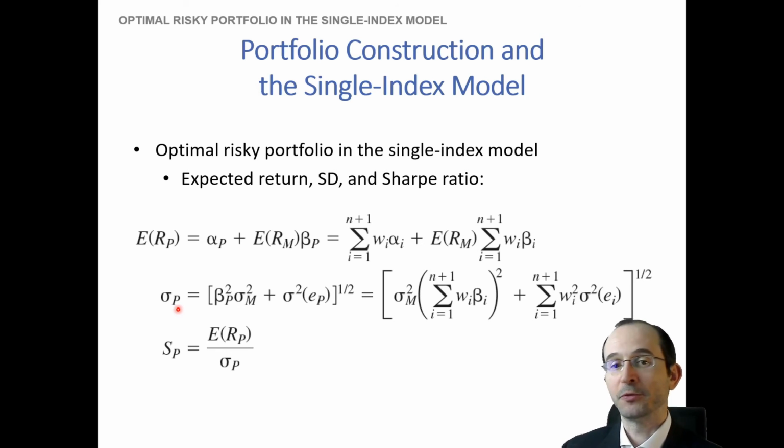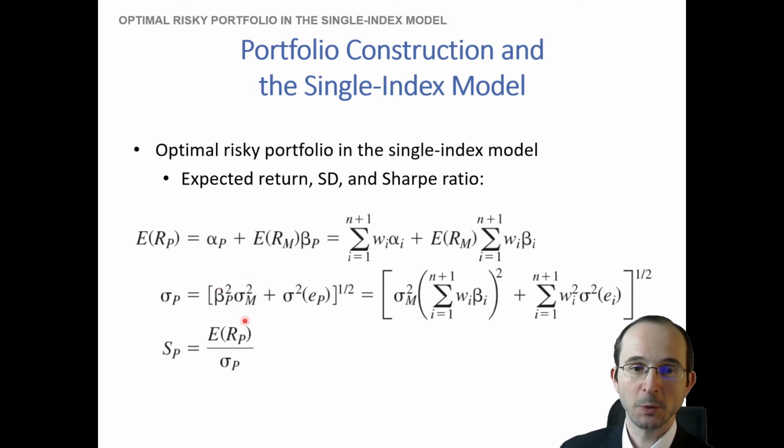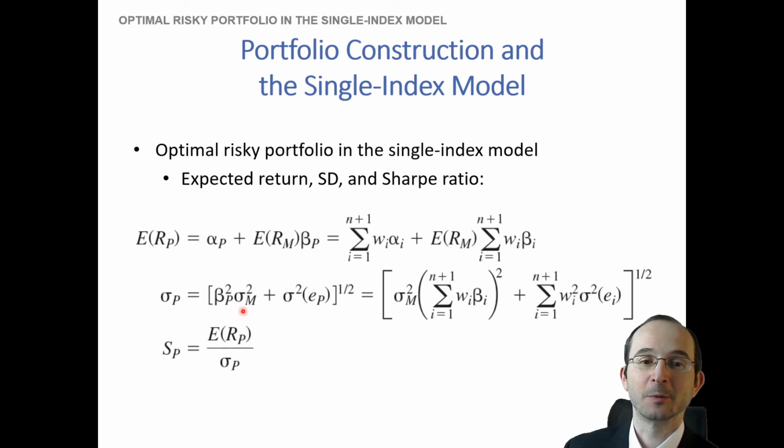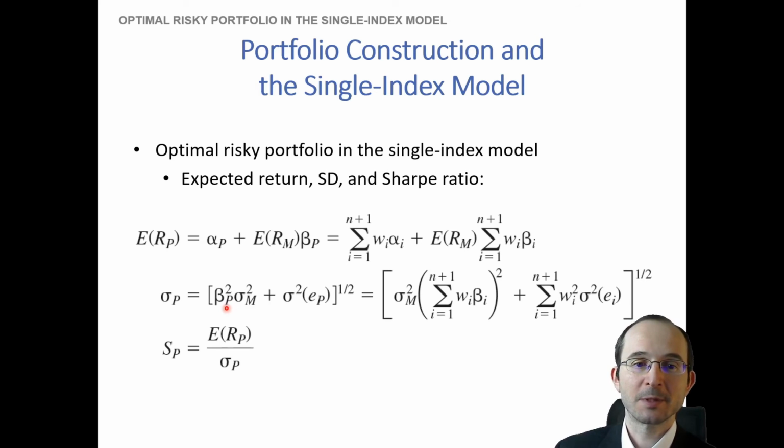The variance of the portfolio in single index model world is made up of these two components that we learned: the systematic variance from the index model, in other words, the variance of the market portfolio times the square of the beta of our portfolio's exposure to it, and the variance of the firm-specific component of our portfolio.